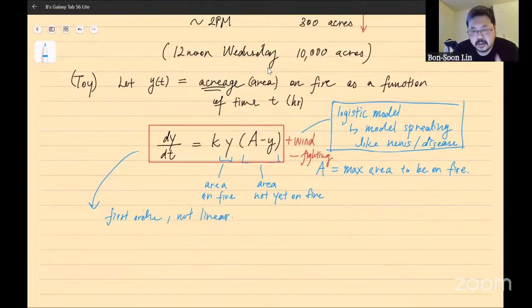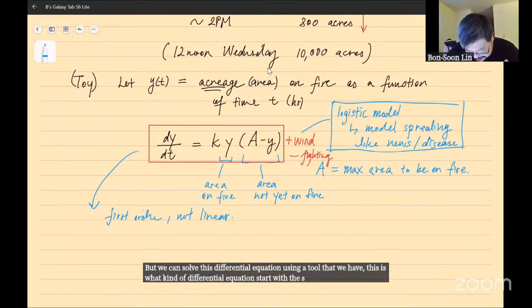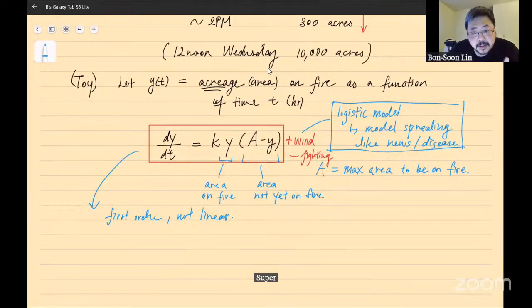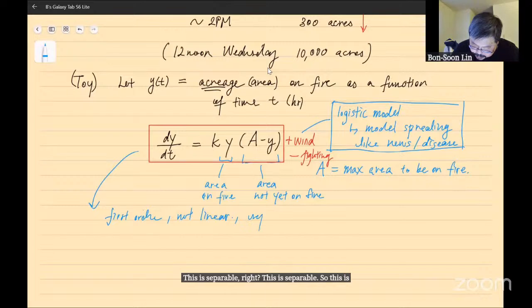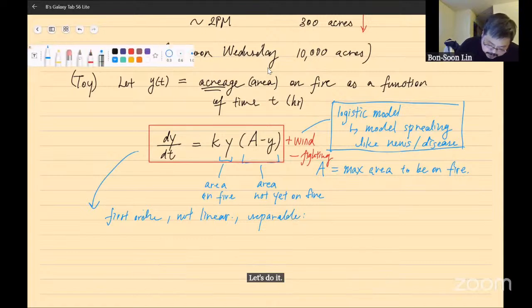But we can solve this differential equation using a tool that we have. What kind of differential equation is this? Start with the S. This is separable, right? So let's try to solve it using our method of separation of variables. Let's do it in black.